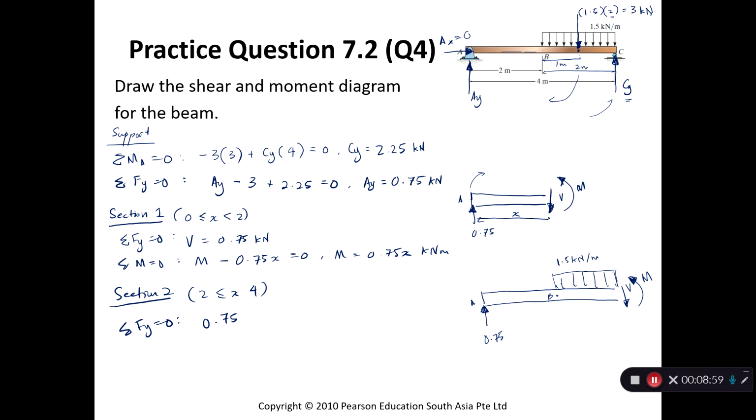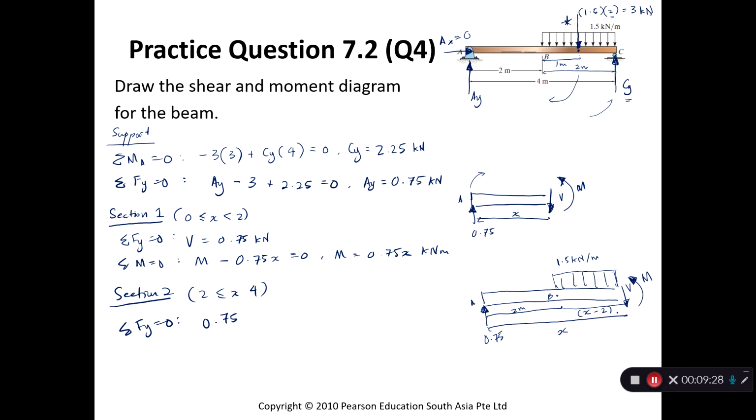Okay, distributed load is going down, and of course it's similar to this, but it's not across 2 meters, so that's a bit tricky. Okay, so try to follow this. This is still 2 meters, and all the way here is x. It's not 4, it's x, and the remainder here will be x minus 2.